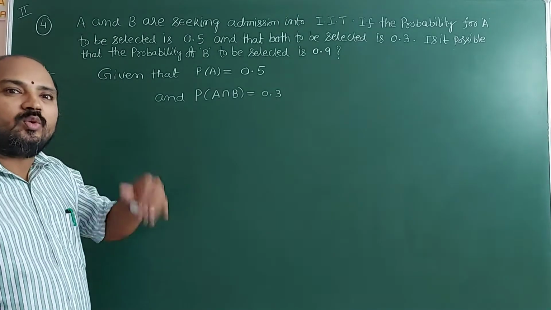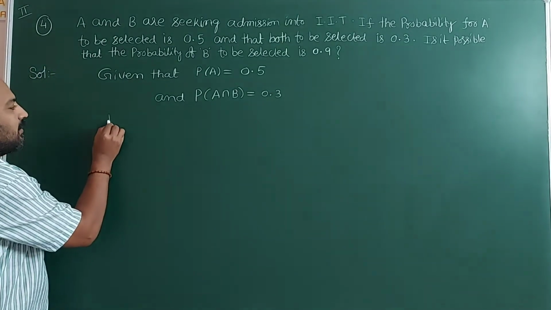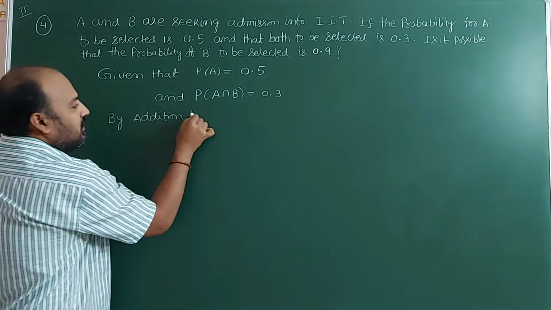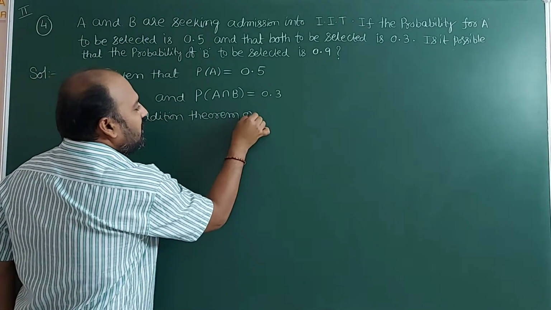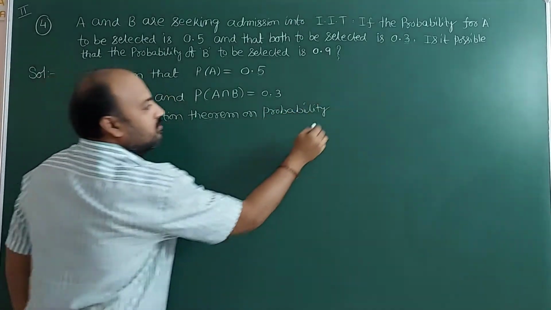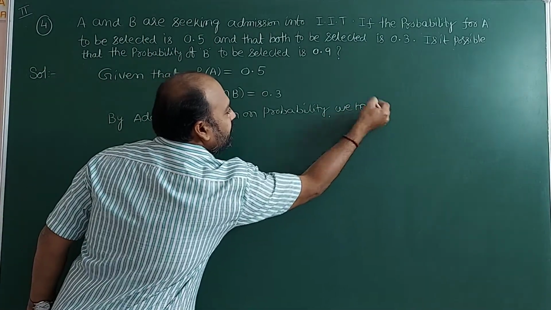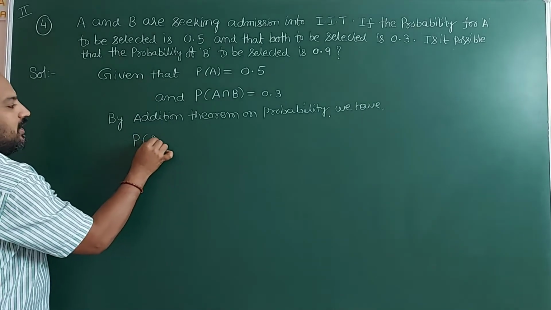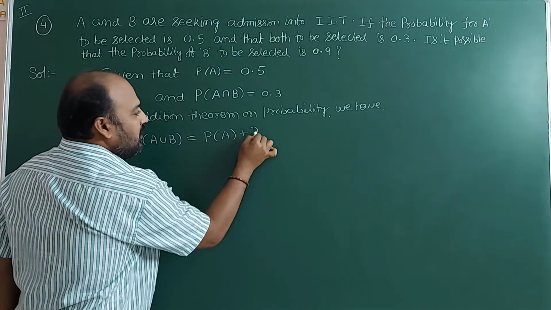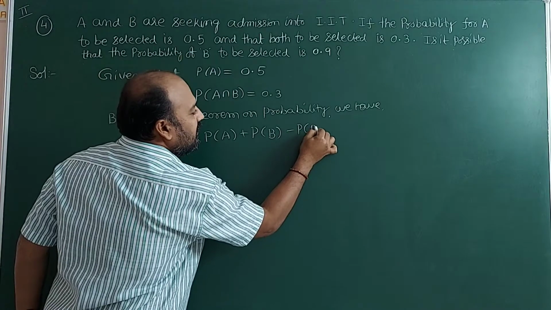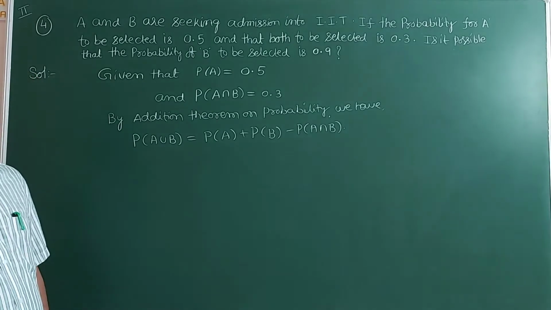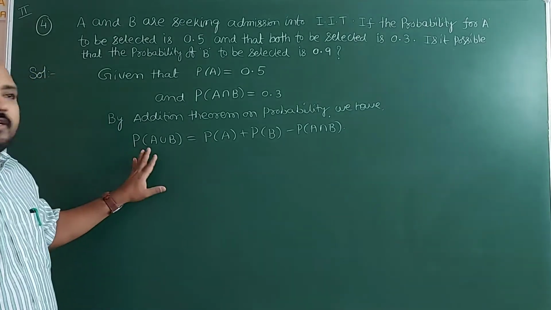So for that, what we have to take? By addition theorem on probability, we have P of A union B is equal to P of A plus P of B minus P of A intersection B. We know the axiom of unity, certain event.